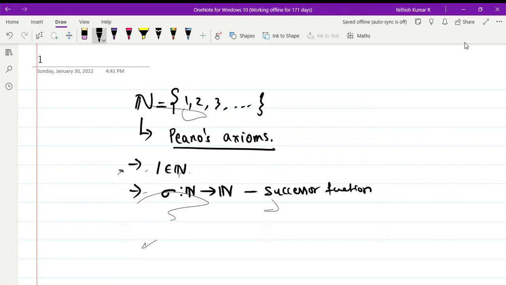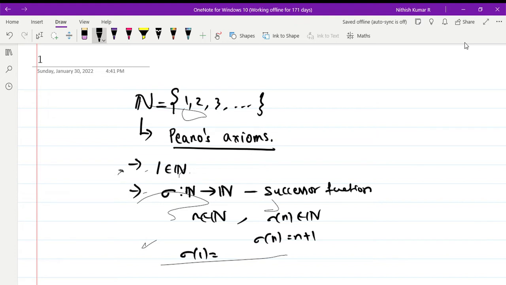That is, for each n belongs to N, sigma of n belongs to N, where sigma of n is the successor of n, nothing but n plus 1. That means sigma of 1 is equal to 2, sigma of 2 is equal to 3, and so on.